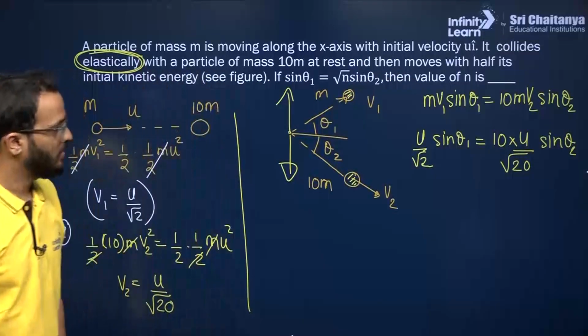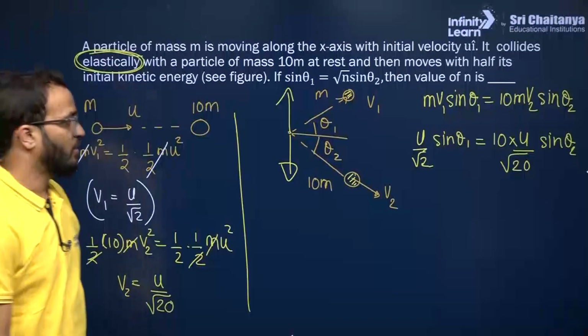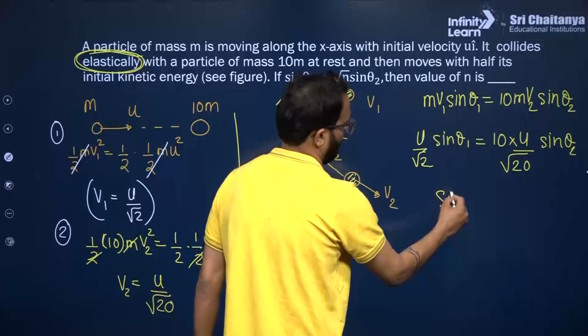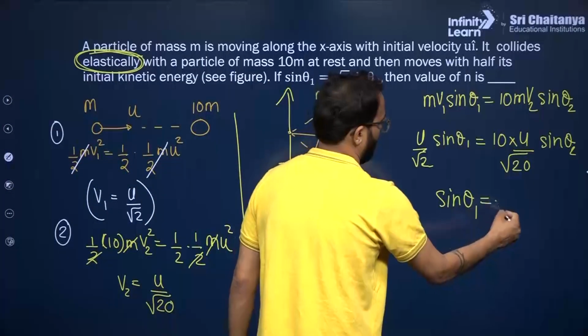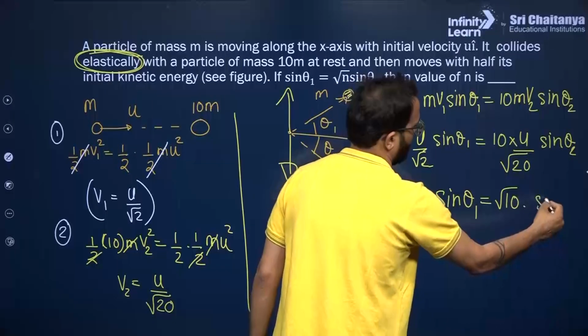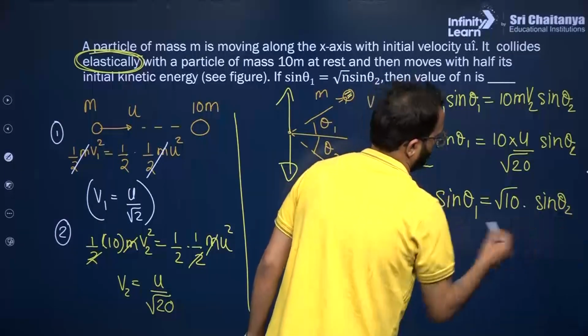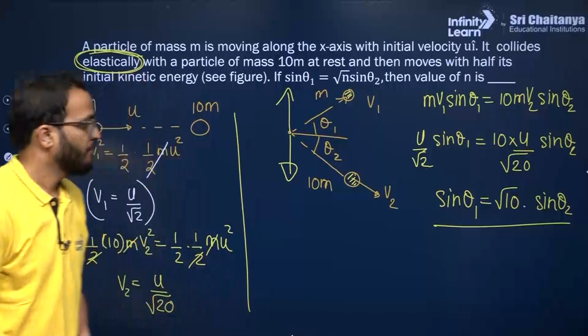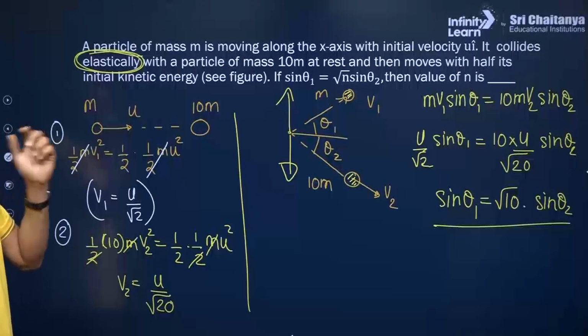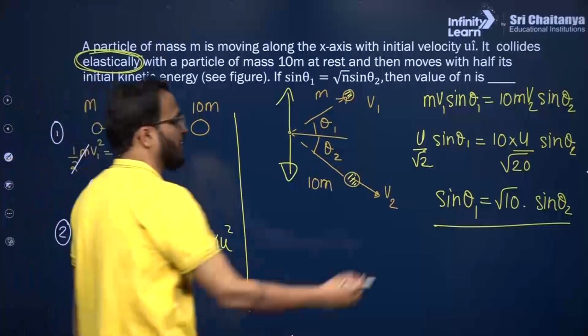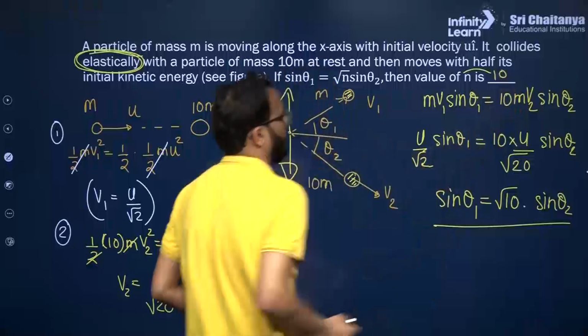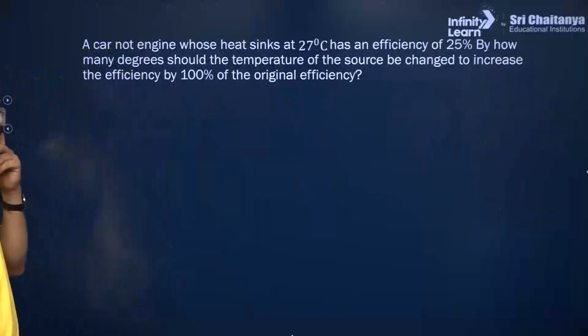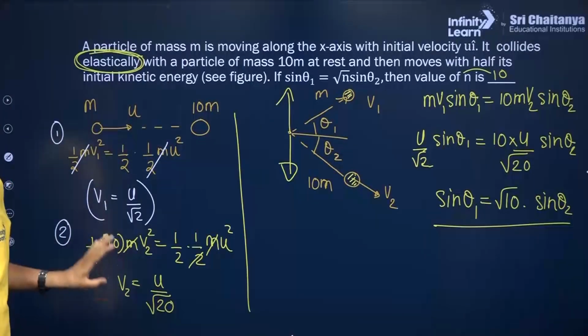Did you understand this? So u and u get cancelled, so the answer will be sine theta 1 is equal to root 10 times sine theta 2. Okay, so obviously x or n is 10. So the value of n comes out to be 10. Clear everyone? I guess it is understood now, right?